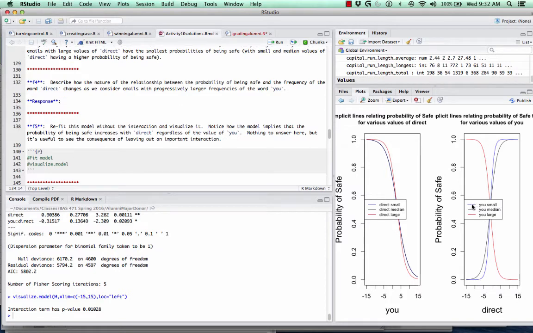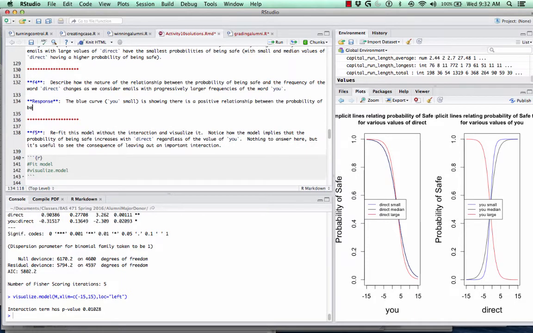So we start out with small, so basically the blue curve, u small, is showing there is a positive relationship between the probability of being safe and the frequency of the word direct as we consider emails with larger values of u.